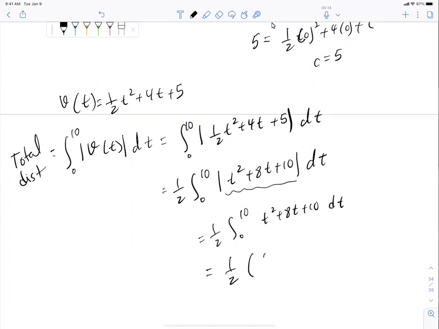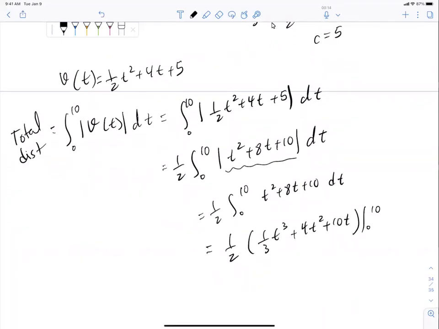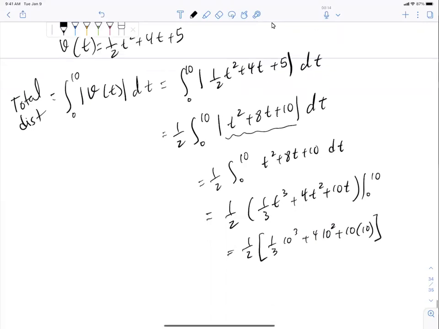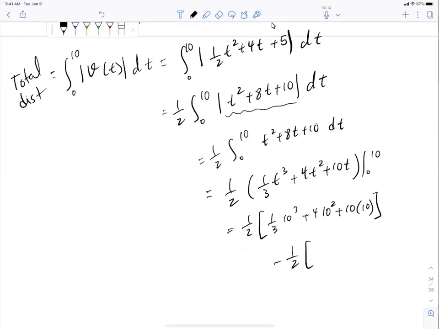So the antiderivative is 1/3 t cubed plus 4t squared plus 10t, from 0 to 10. So it's going to be 1/2 times 1/3 of 10 cubed plus 4 times 10 squared plus 10 times 10, minus 1/2 times 1/3 of 0 cubed plus 4 times 0 squared plus 10 times 0.